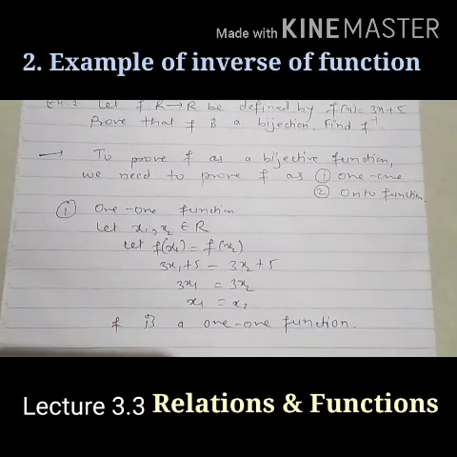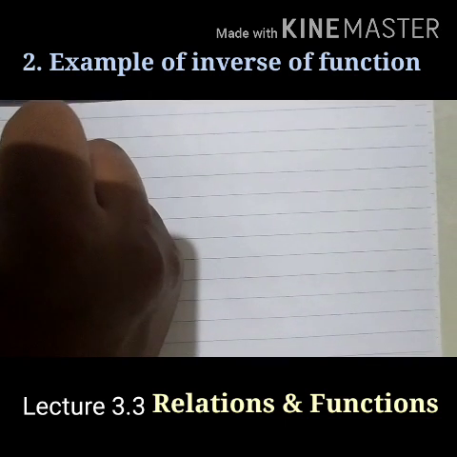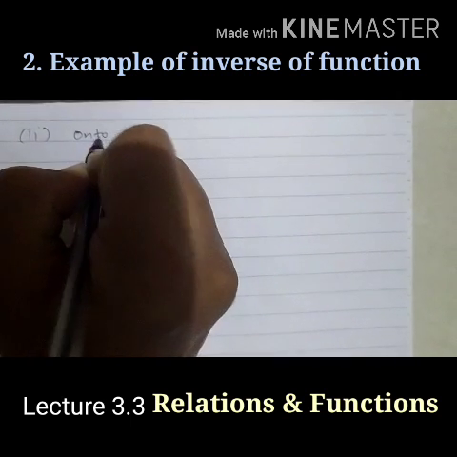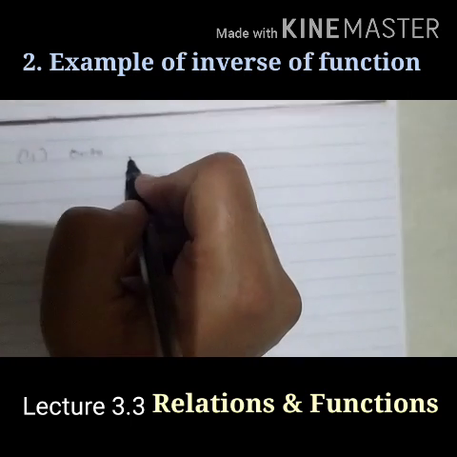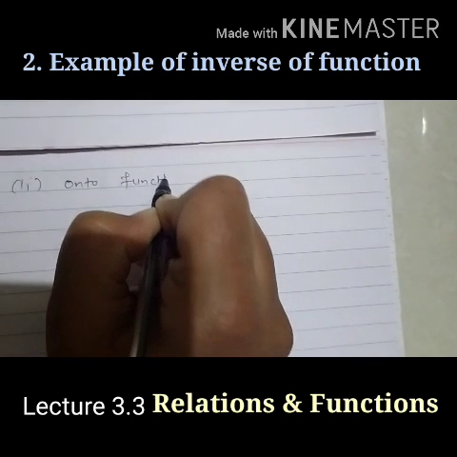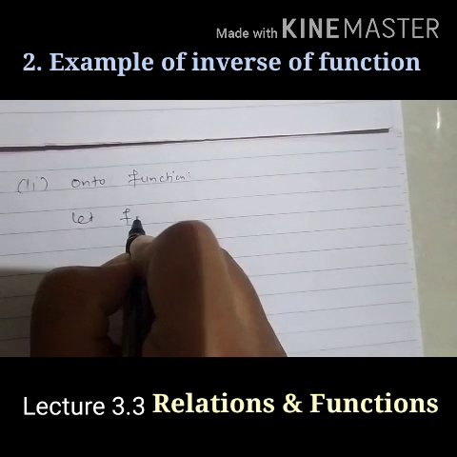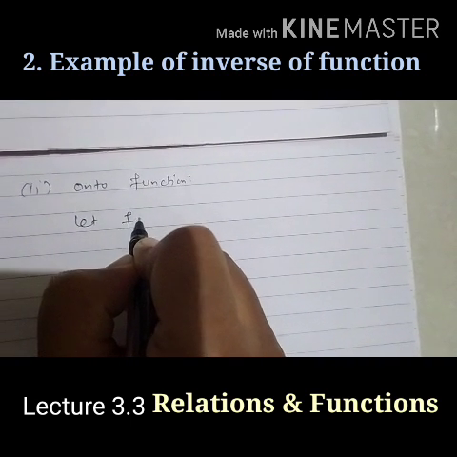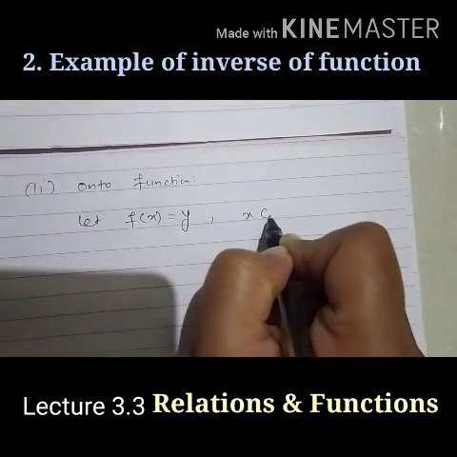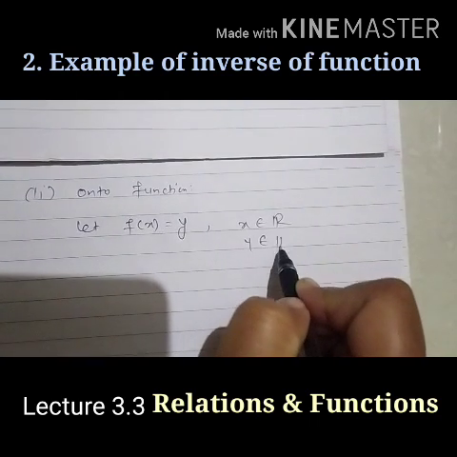Okay. Now the second, to prove onto function, let f of x equal y, where x belongs to R, the set of real numbers, and y belongs to the set of real numbers only.